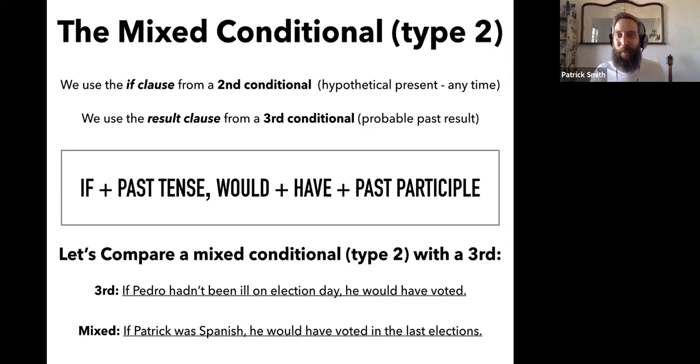We've invented this idea of conditionals, and we teach them to you as these really strict zero, first, second, and third. And then at the end, we say, actually, you can just mix them up. It's just grammar, it's what it is. We're talking about verbal tenses, we're talking about moods, and in fact, you express what you want to express in the way you want to express it.